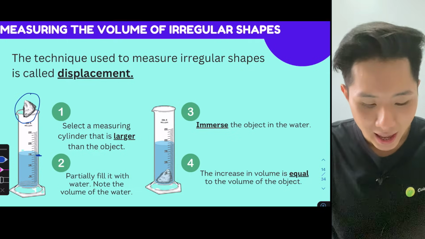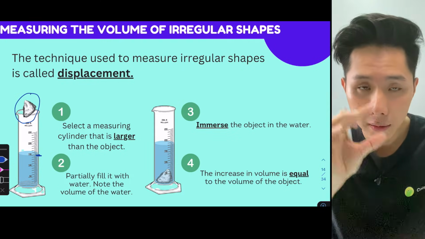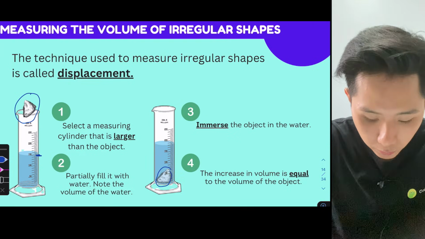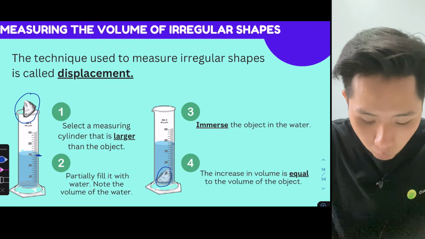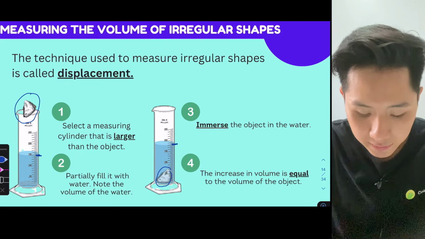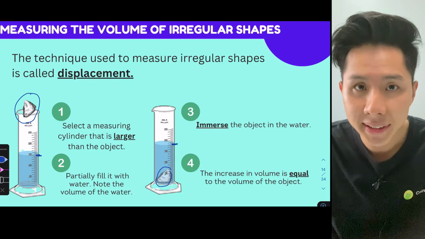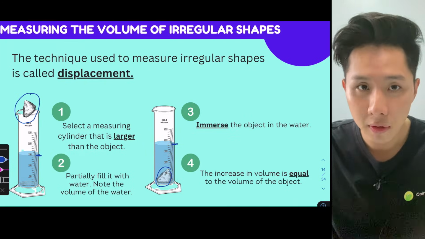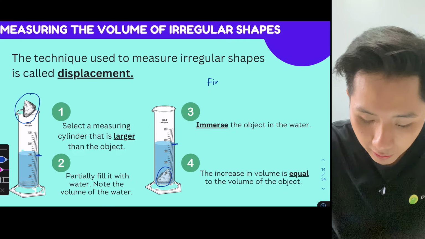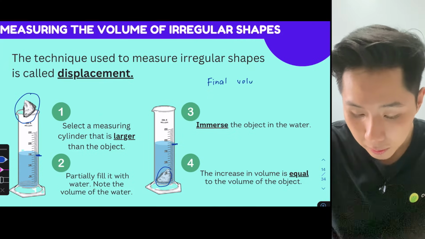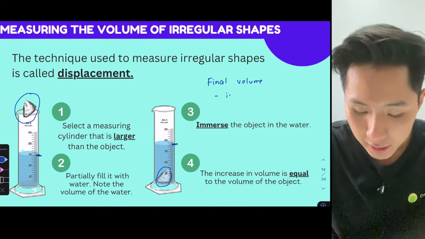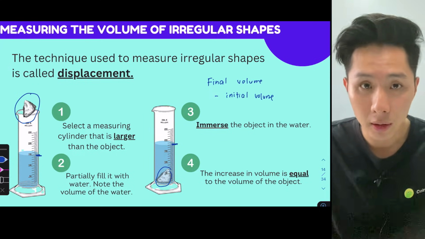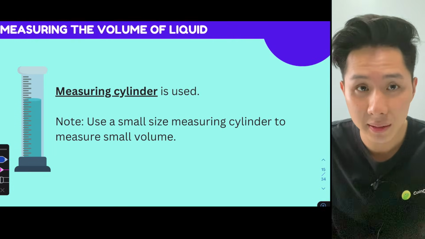Because the rock has volume, when we put the rock into the measuring cylinder, we'll see an increase in the volume of water inside. So to calculate the volume of the rock, we simply take the final volume and subtract the initial volume. This will give us the volume of the rock, and this is called the water displacement method.